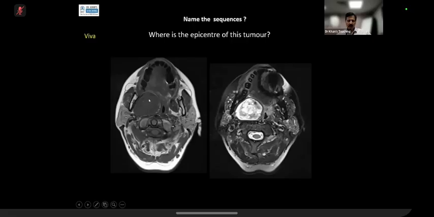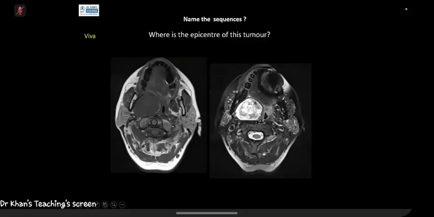Now, where is the epicenter? There is a lesion here. Can you describe it and give me your final opinion? What is the epicenter of this tumor? Okay, so there is a well-defined, predominantly hyperintense on T1 and heterogeneously hyperintense on T2 mass lesion, which is centered at the deep lobe of the right parotid gland.